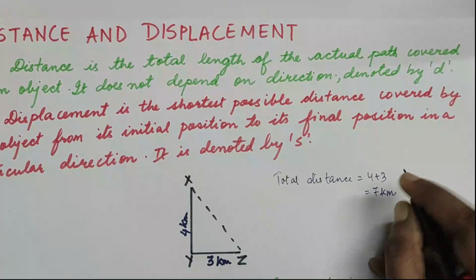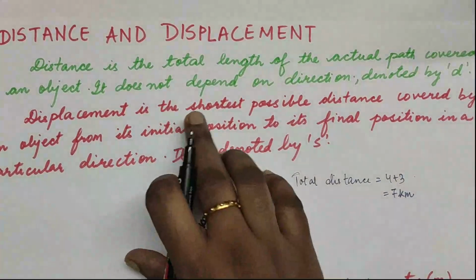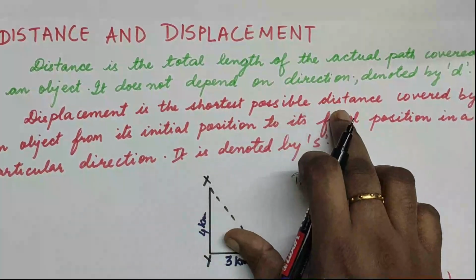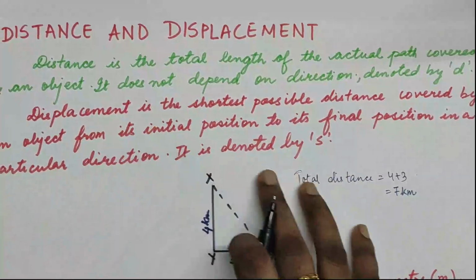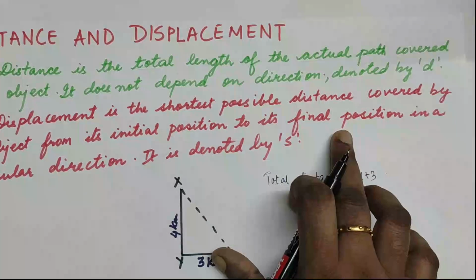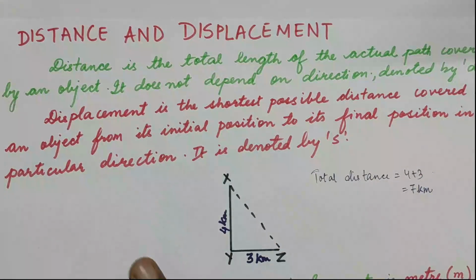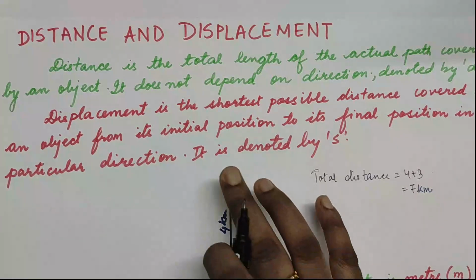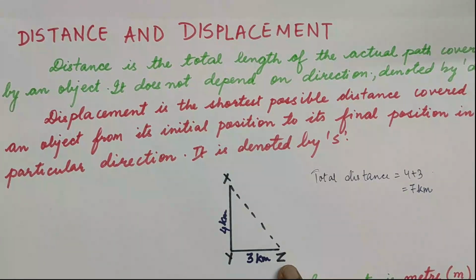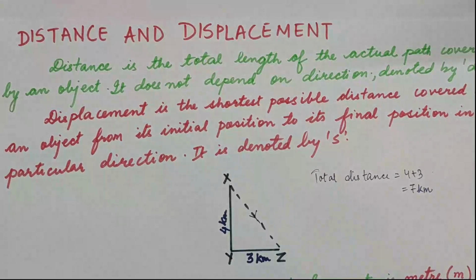Now what is displacement? Displacement is the shortest possible distance covered by an object from its initial position to its final position in a particular direction. Suppose moving from X to Z is in the southward direction.